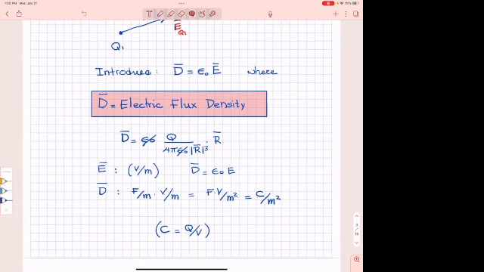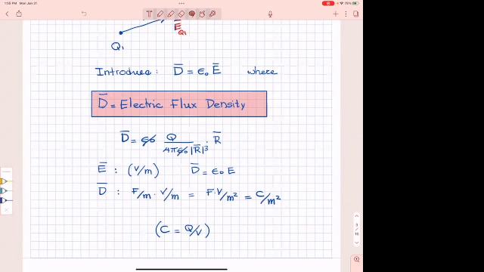Because the electric field is measured in volts per meter. To be accurate, we should call it the electric field intensity, but we drop intensity because it's too long, all right? And we call it electric field, but it's in volts per meter.